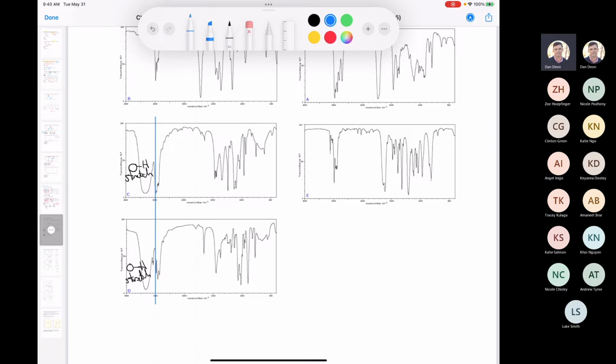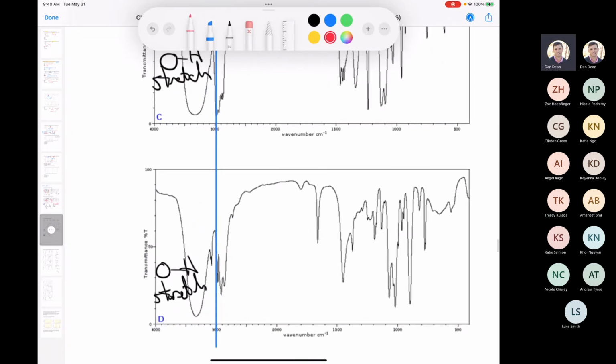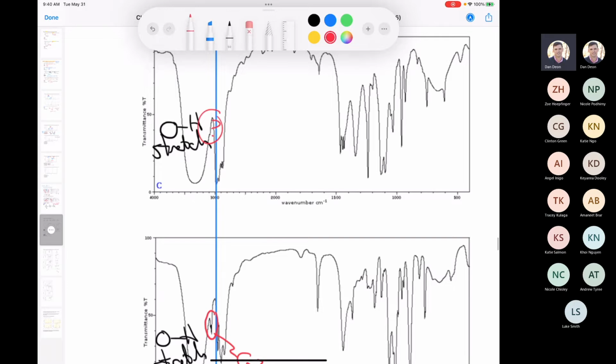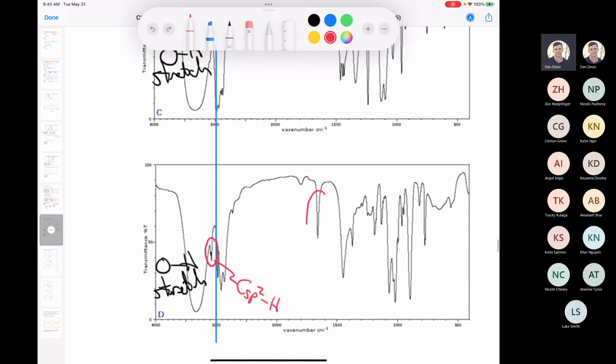what do you see? Just above that line, in the one on the bottom, you can see that you have a little something right here. This is the sp2 hybridized carbon-hydrogen stretching, which is not present here. Furthermore, you can see a big absorbance here, and that comes from the carbon-carbon double bond stretching.